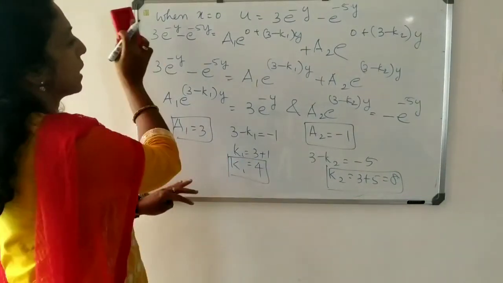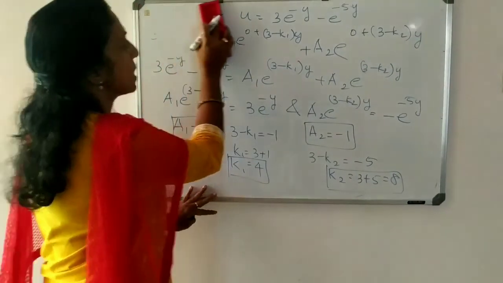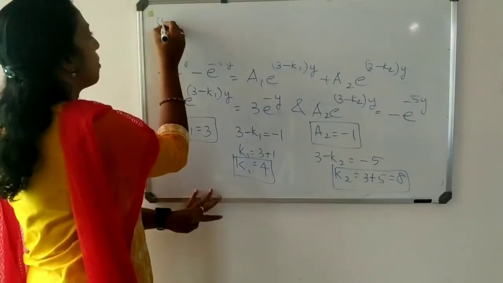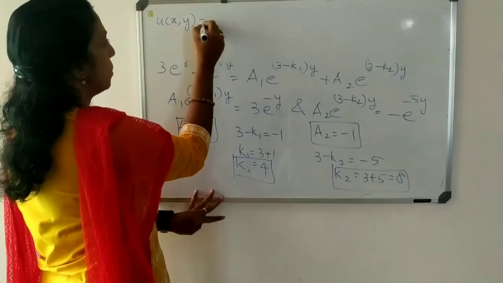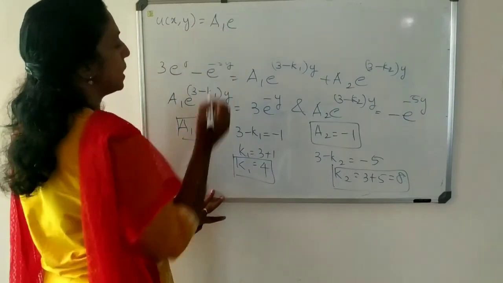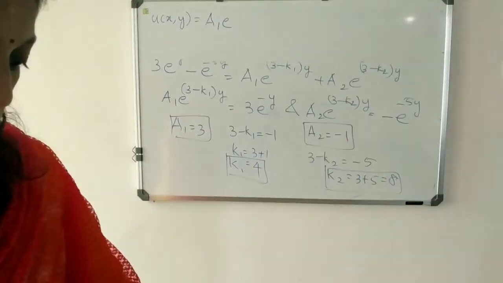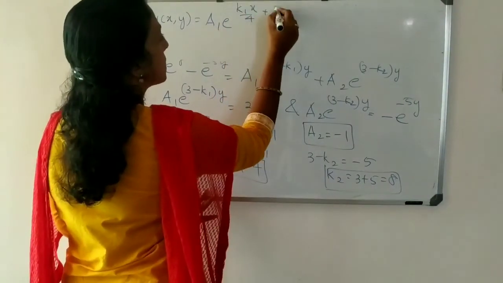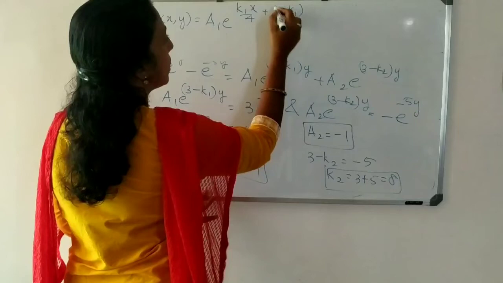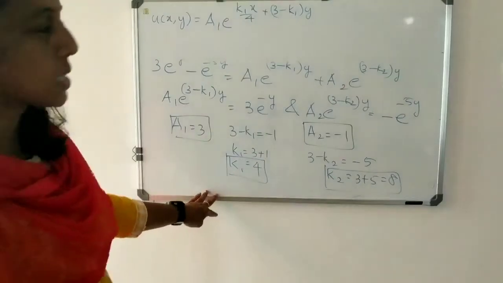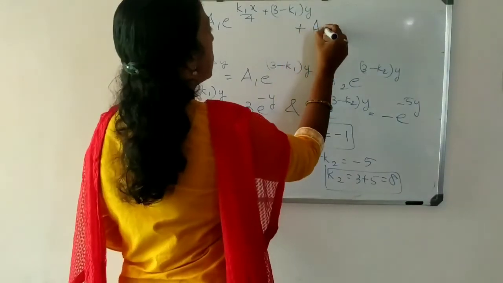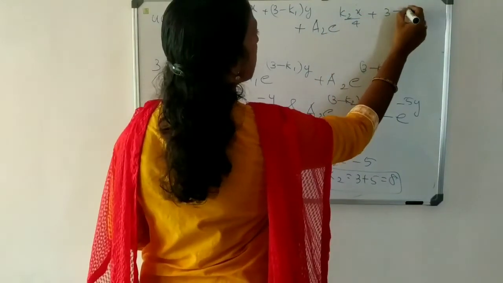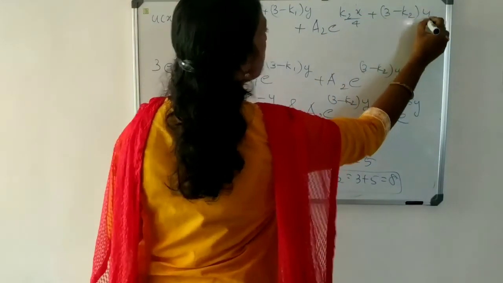So you can write the equation as, what was our solution? u of x comma y is equal to a1 into e raised to k1 x by 4 plus 3 minus k1 into y plus a2 into e raised to k2 x by 4 plus 3 minus k2 into y.